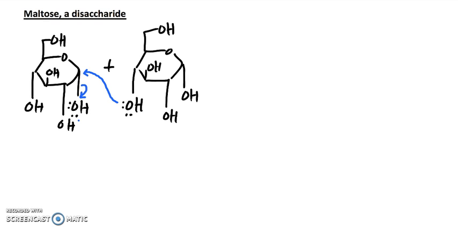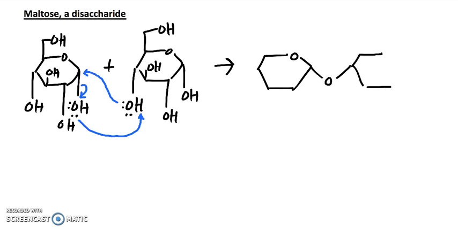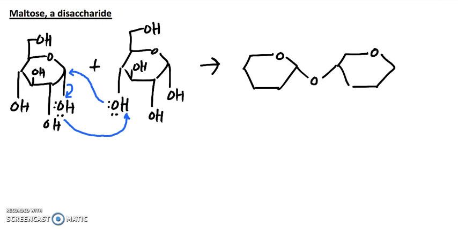And while all that happens, this is going to grab this hydrogen right there. And here's what we'll be left with. So there's that first glucose, and here is this new bond. And the second product here is water. That water that left.